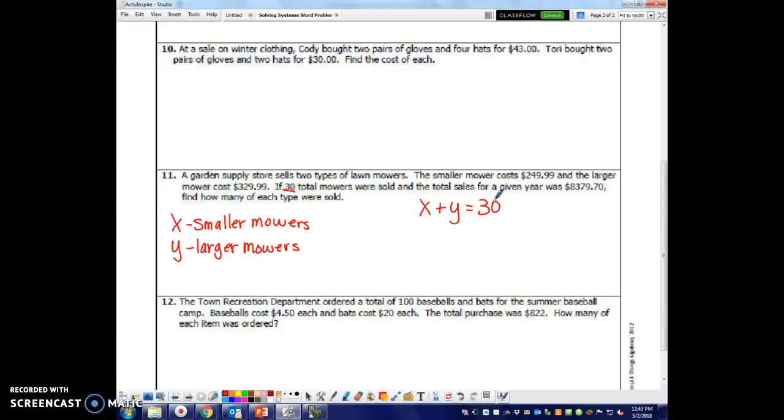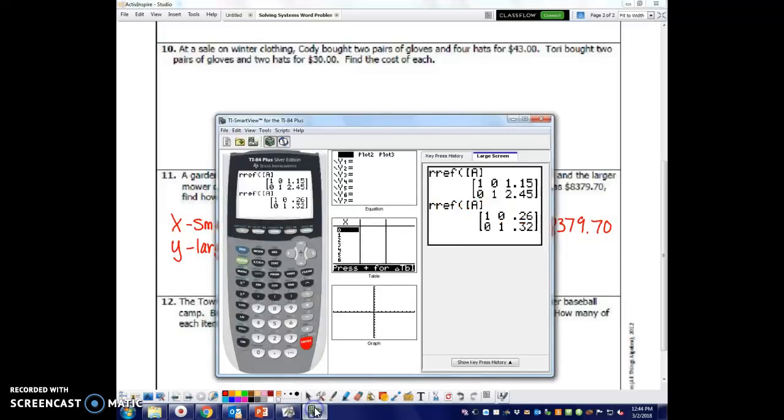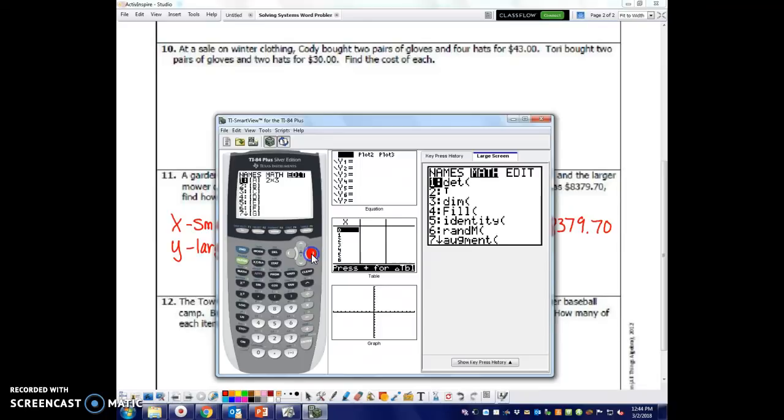The smaller mowers cost $249.99. Plus the larger mowers cost $329.99. For a grand total price of $8,379.70. Okay, it's set up in standard form for us. So let's use matrix. So second matrix, over to edit, 2 by 3.